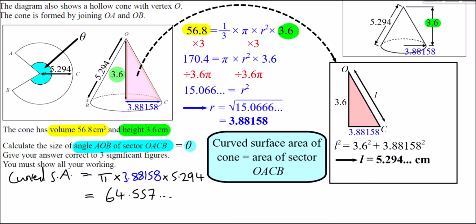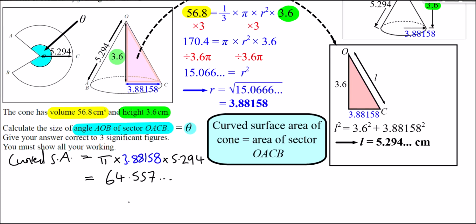So to work out the area of the sector, we think of it in terms of a fraction of a full circle. The area of a full circle is obviously pi times radius squared. The radius of this one is 5.294. Of course, though, this isn't a full circle. It's only a fraction of it, and a full circle has 360 degrees.